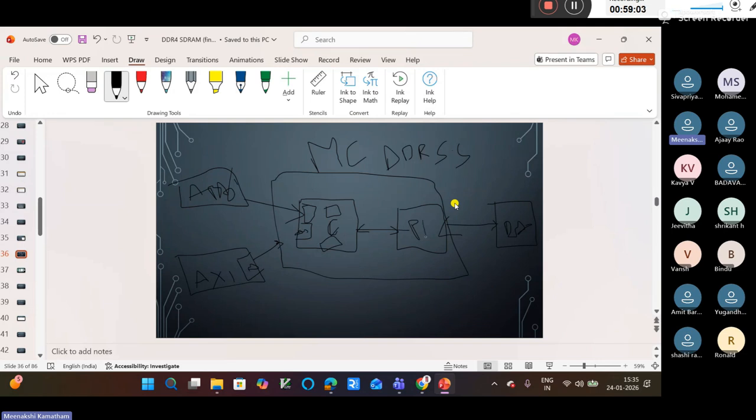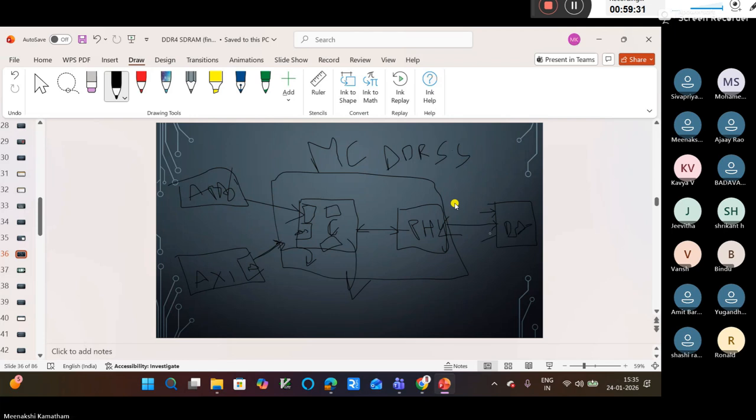And coming to the PHY, it is nothing but the physical layer. What the controller block mainly does is convert our logical data into physical data. One more example: the DRAM signals are row address, column address, bank group, bank.